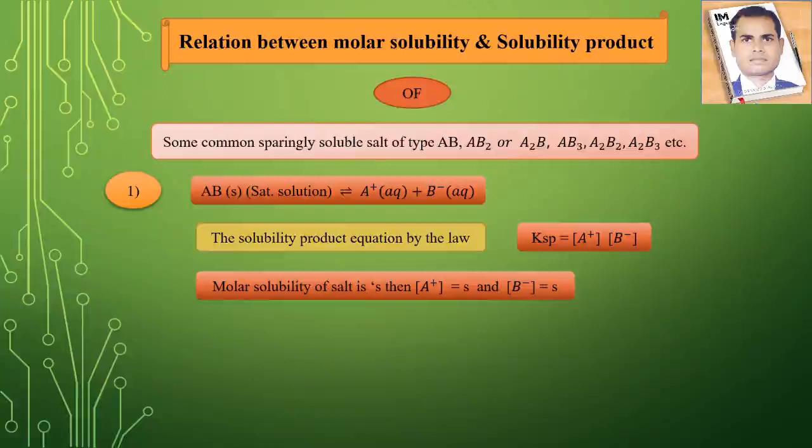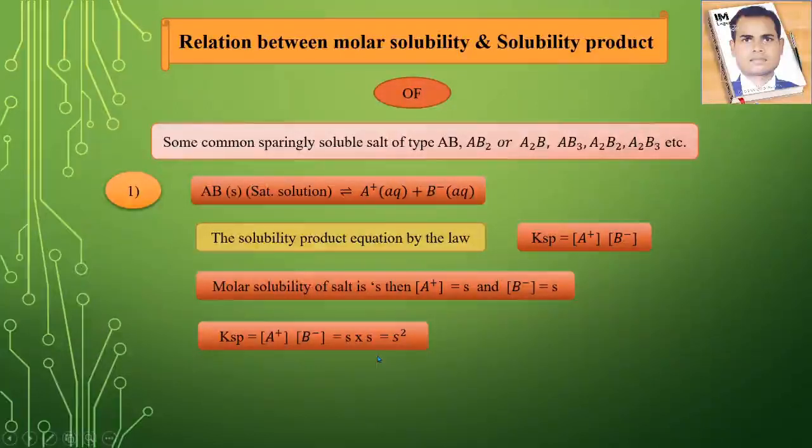Now let the molar solubility of the salt be S. Then in bracket A plus is equal to S and in bracket B minus is equal to S. So the concentration of the first species is the molar solubility S, and for the second species also S. So we can write KSP equals concentration of A plus into concentration of B minus, equals S into S, that is S square.